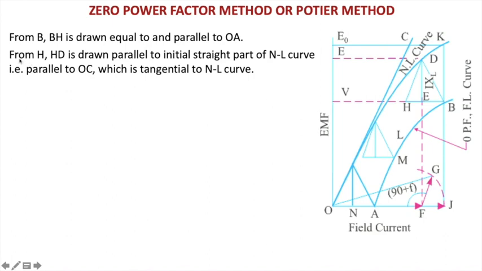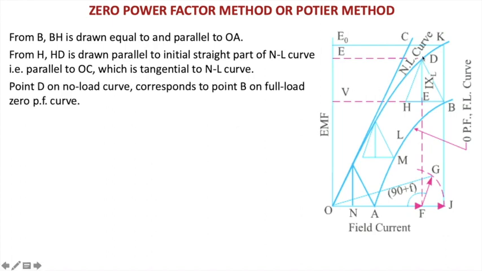So the second point, HD, is drawn parallel to the initial straight part of the no load curve, that is this tangent. We draw it with the initial slope, and therefore parallel to OC we get the same line as your HD.